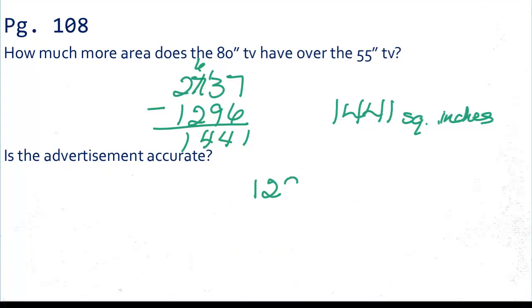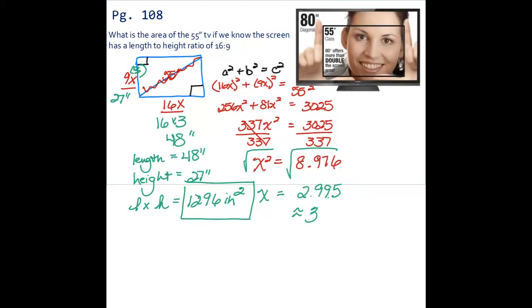More than twice. 1296 times 2, because it says it has more than 2, would be, how much more? 6 times 2 is 12, 9 times 2 is 18, 19, 5, 2,592. That's 2 times the smaller one.